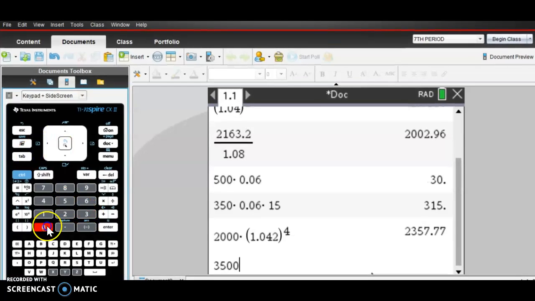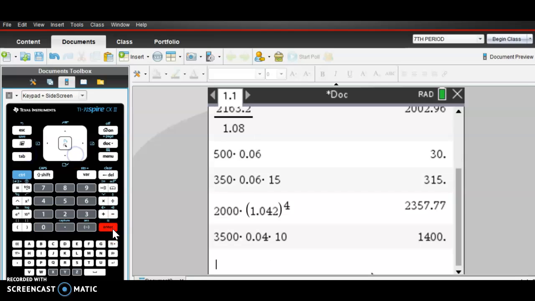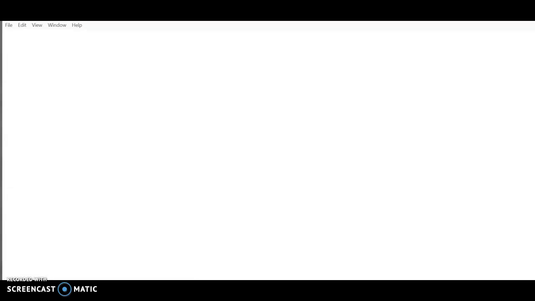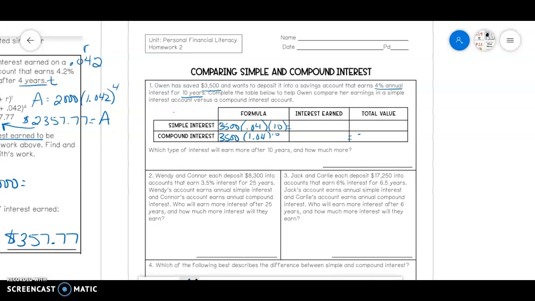So 3,500 times 0.04 times 10 is 1,400, and that's the interest, and we have 3,500 parentheses 1.04 to the 10th power, 5,180.85. So when we do this, I think some of y'all were actually putting that there.